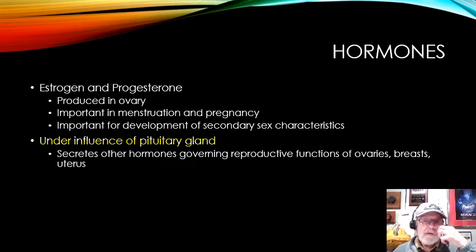Okay, so that's what the LH, the luteinizing hormone, helps to push along. Anyway, the development of the ovaries, breasts, and uterus are also under the influence of the pituitary gland in other ways.